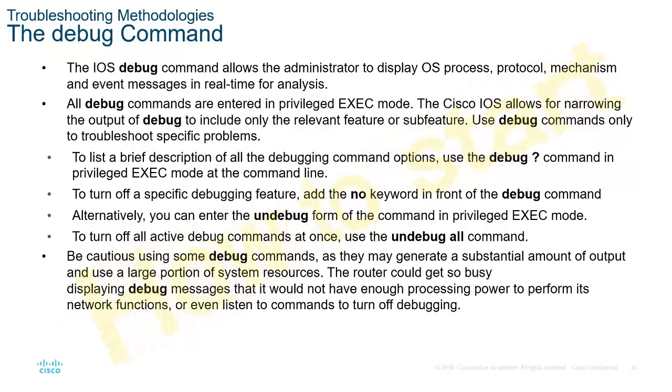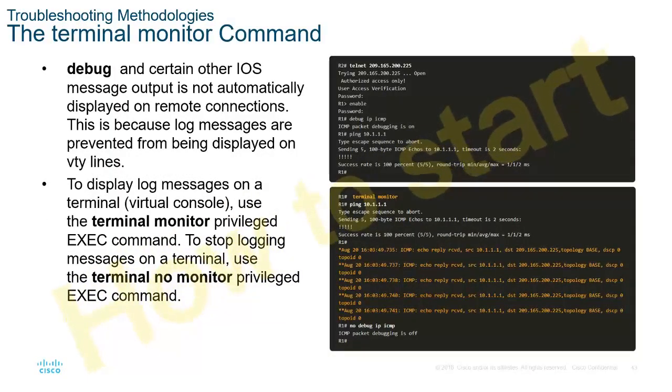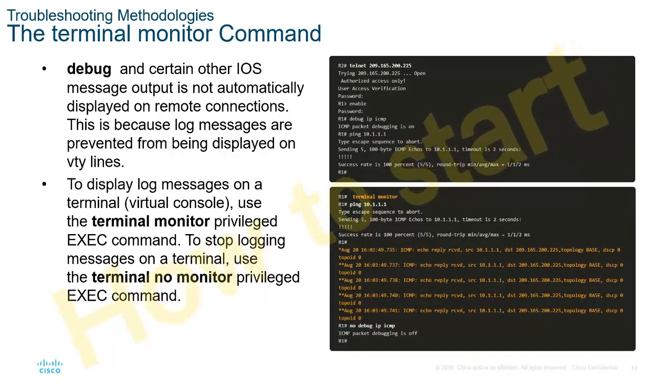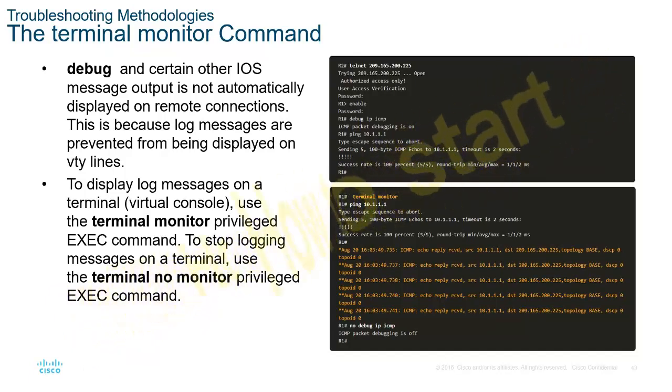But debug gives us way more information than most people can interpret. We can actually look at and dump data using our debug command. We also have the ability to monitor the terminal.